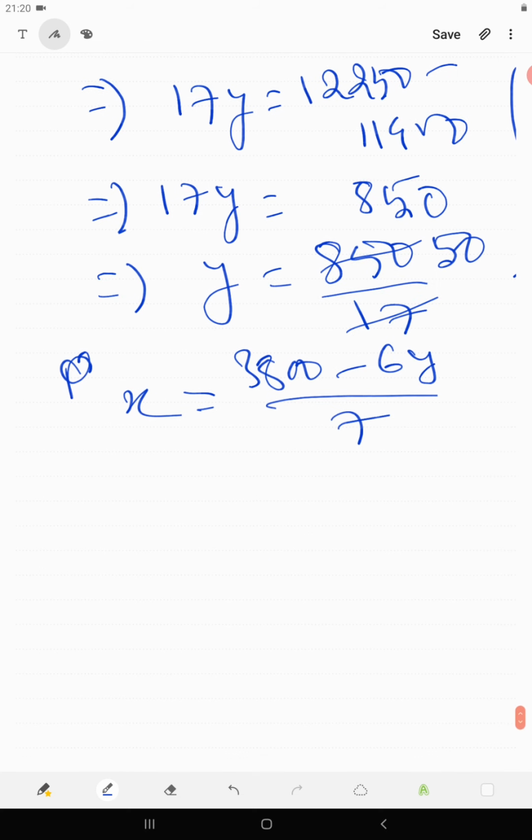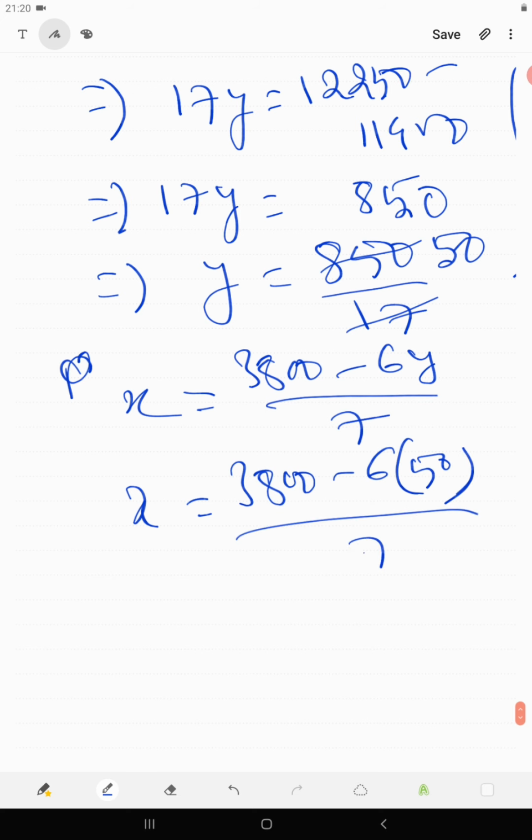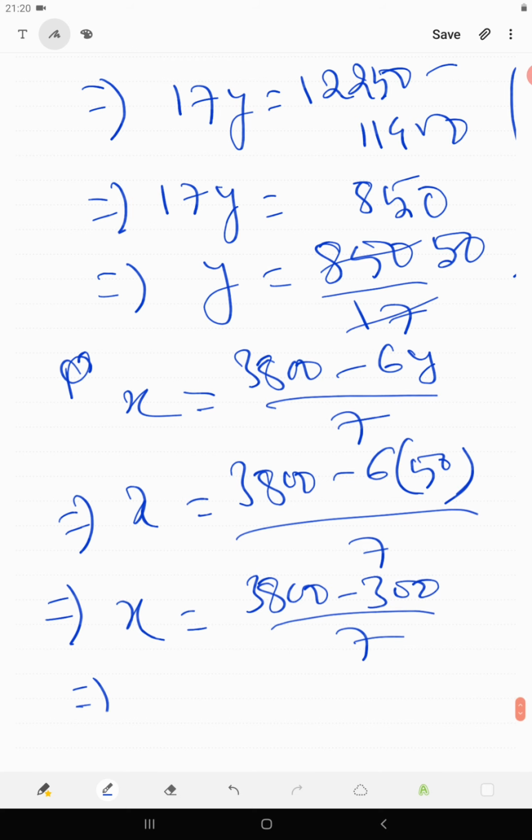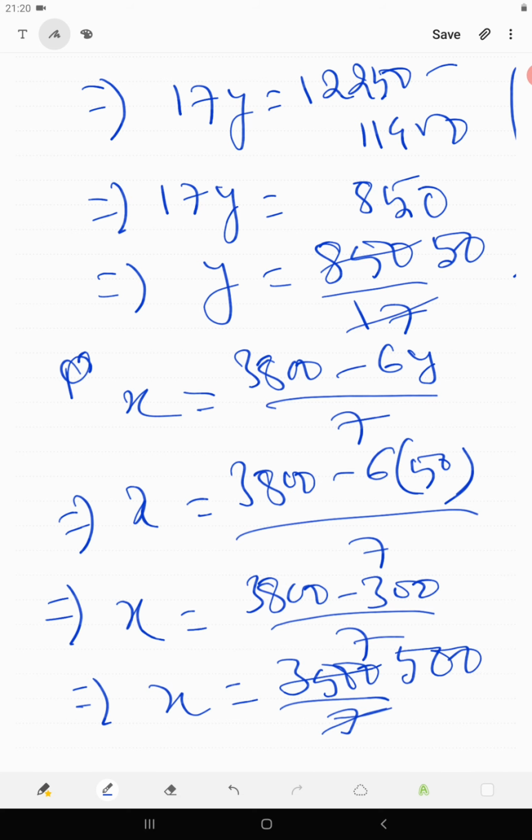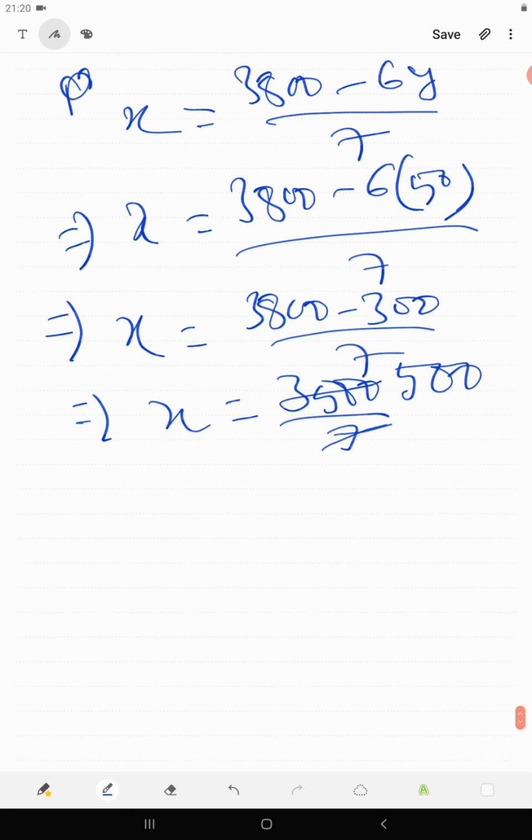So x equals (3800 minus 6 into 50) divided by 7. So this simplifies to x equals (3800 minus 300) divided by 7. So x equals 3500 divided by 7. 7 times 5 is 35. We got x equals 500 and y equals 50.